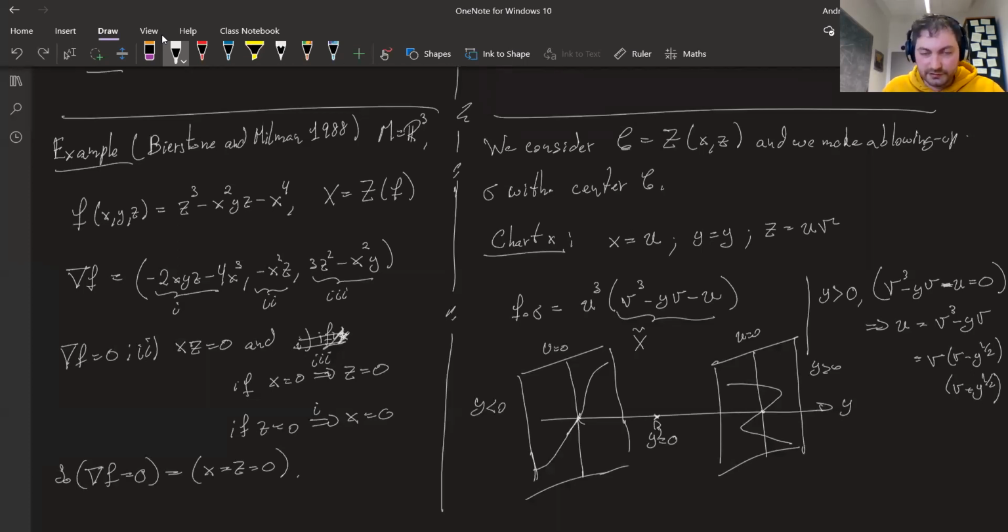I'm not going to worry about this for now, just make an interpretation of what is going on. It means that for Y bigger than 0, certainly there is a singular point of the set before blowing up, because these 3 points are going to be joined into one. But the point that is here is less clear.